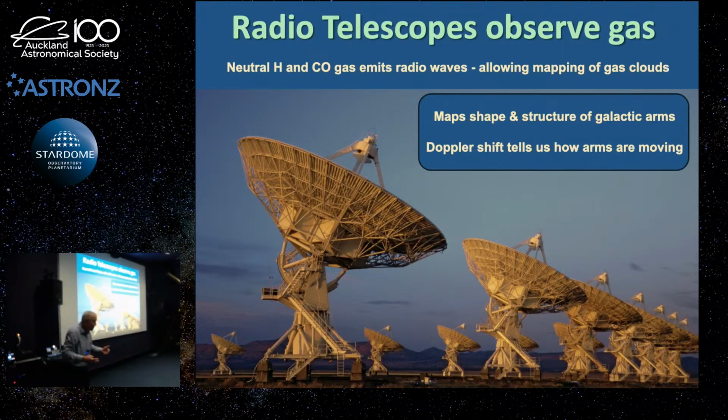It's the Doppler effect. And measuring the slight change in wavelengths of the gas coming towards us or away from us, they can also then measure the movement or the motion of the gas around the galaxy as well.